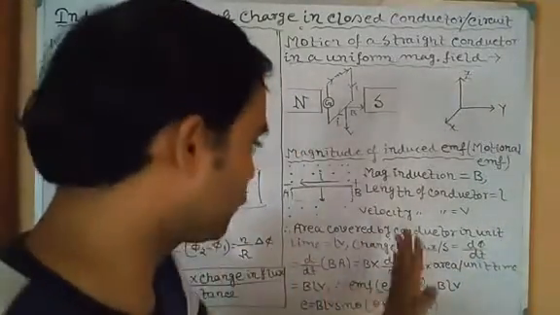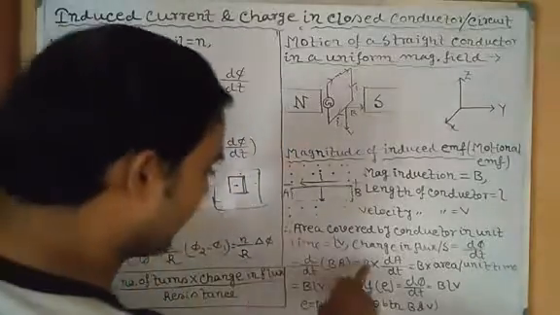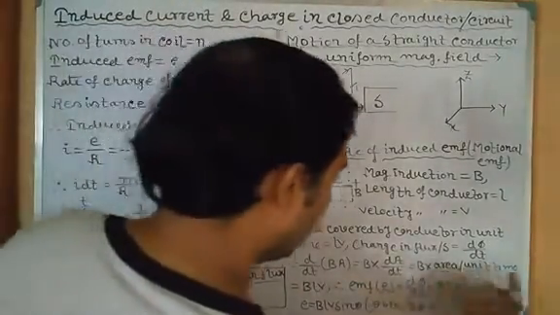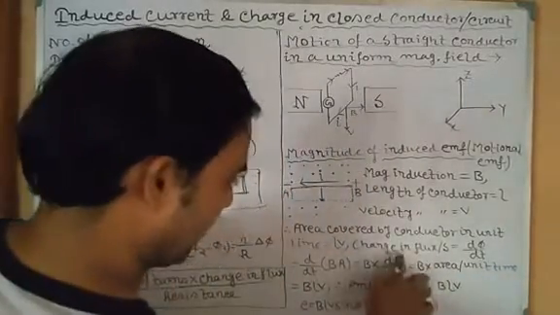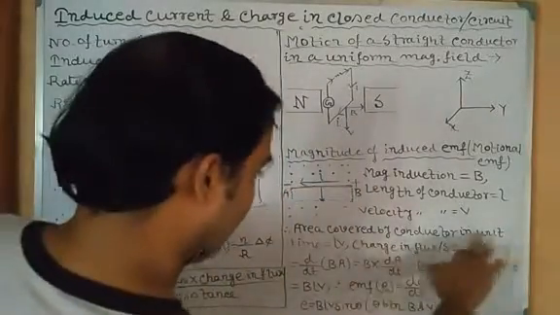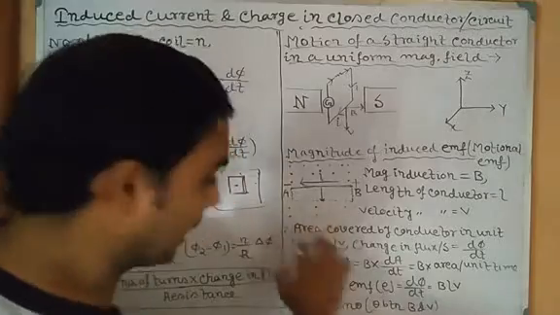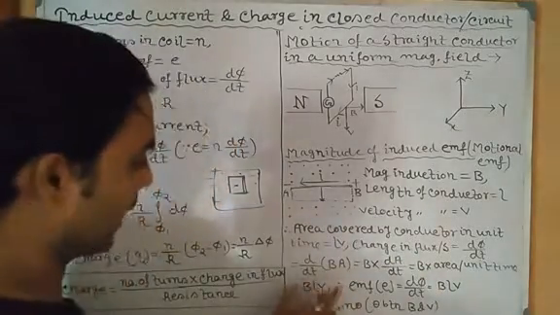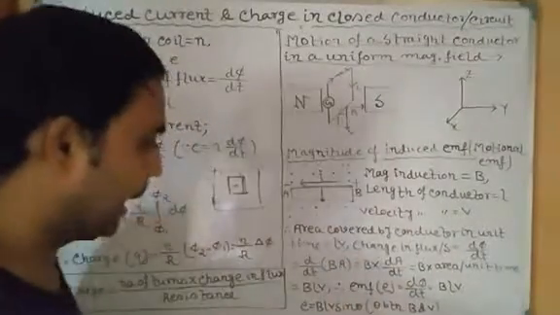That is called flux. So φ is equal to BA. So B is constant into dA/dt. What is dA/dt? Area per unit time. We have already got LV. So in the place of dA/dt we can write LV. So EMF is equal to dφ/dt, which is equal to BLV.